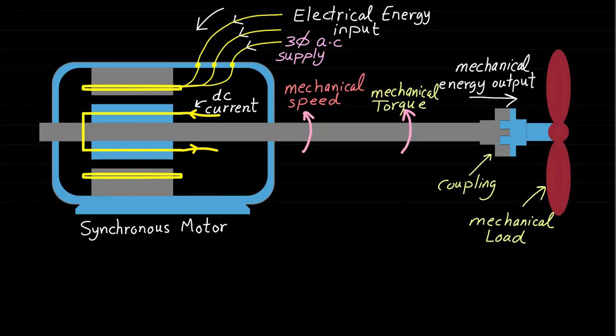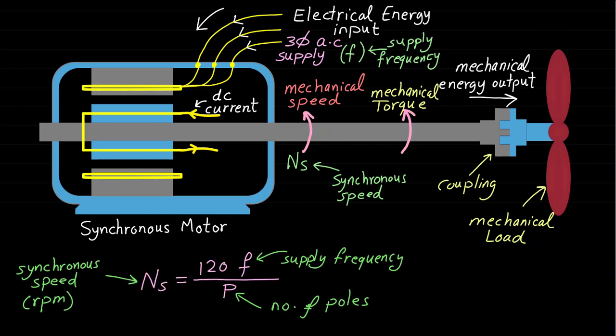This mechanical fan shows an example of the mechanical load. Again, the synchronous motor shaft rotates at synchronous speed Ns in revolution per minute, RPM, and the synchronous speed is related to the input supply electrical frequency f by the following relationship: Ns equals 120 f over P in revolution per minute.